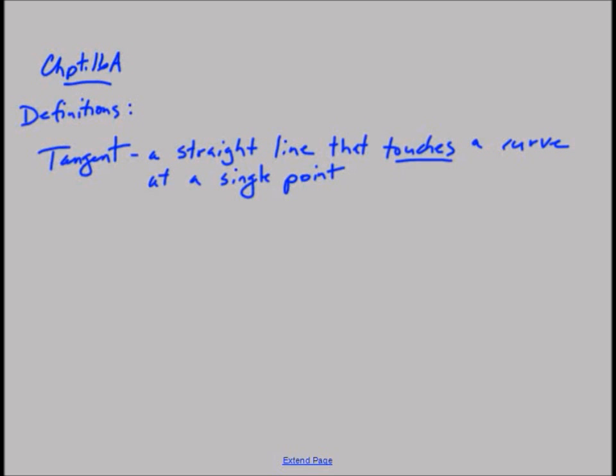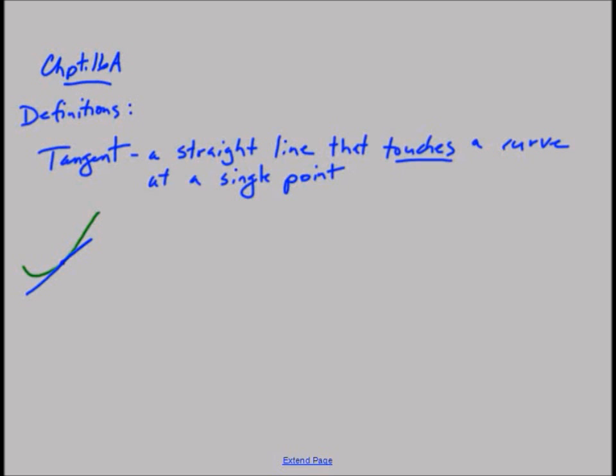Okay, and we've been talking about tangents all along. Tangent to the curve, tangent to the curve, tangent to the curve. So if our curve is here, and we're talking about this point, then the tangent to that curve would look something like this. It only touches at that one point and no other points.